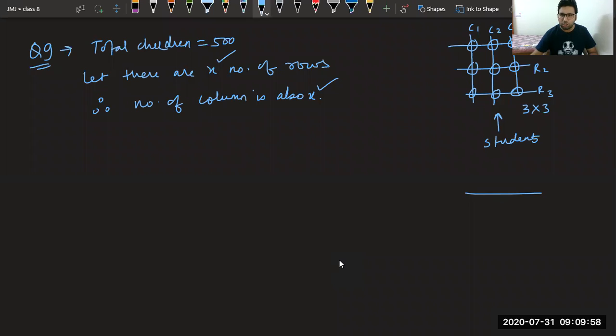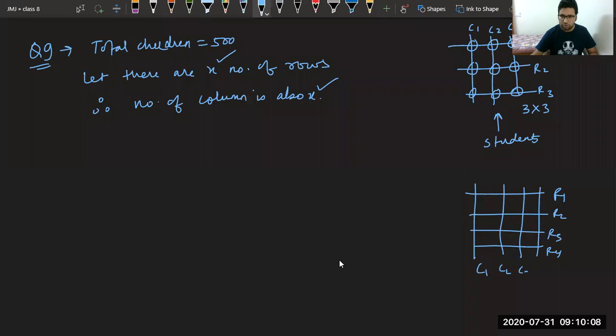If there are 4 rows, R1, R2, R3, R4, and 4 columns, C1, C2, C3, C4, then there are 16 students.